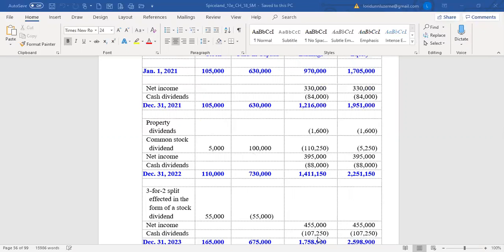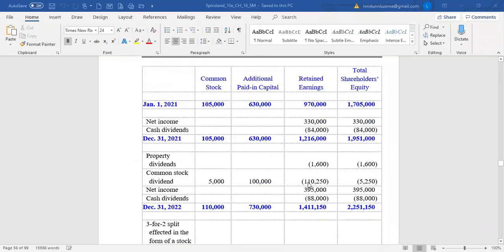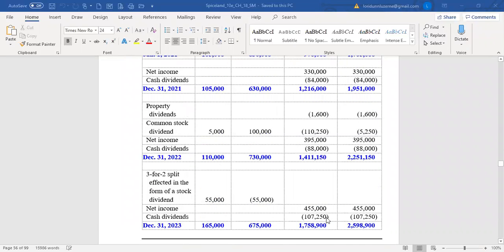The cash dividend from up here, right there, that very last one, will decrease retained earnings. Now, at the end of the last year, common stock has a balance of 165 million. Paid-in capital will either be at 730 or 675, depending on where you recorded your decrease.